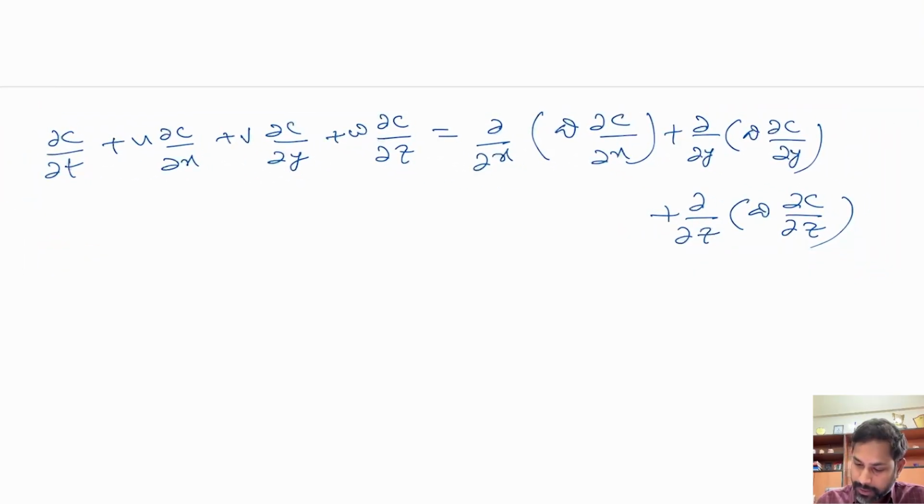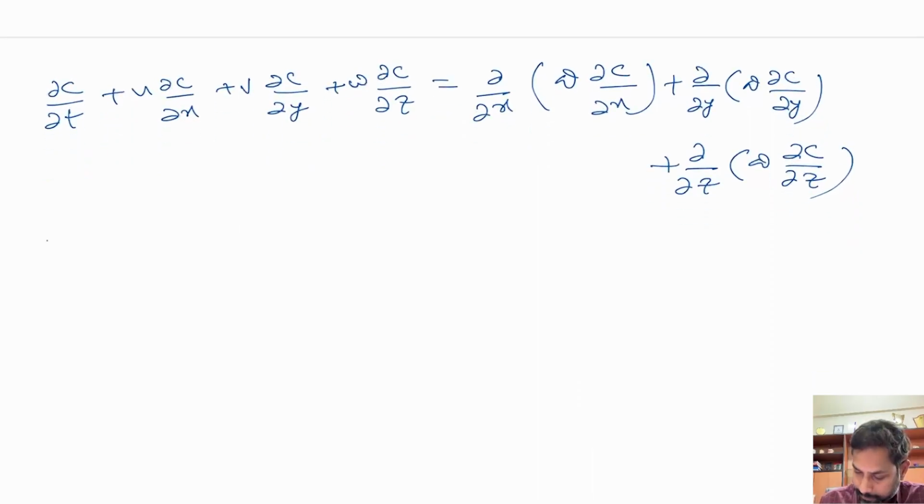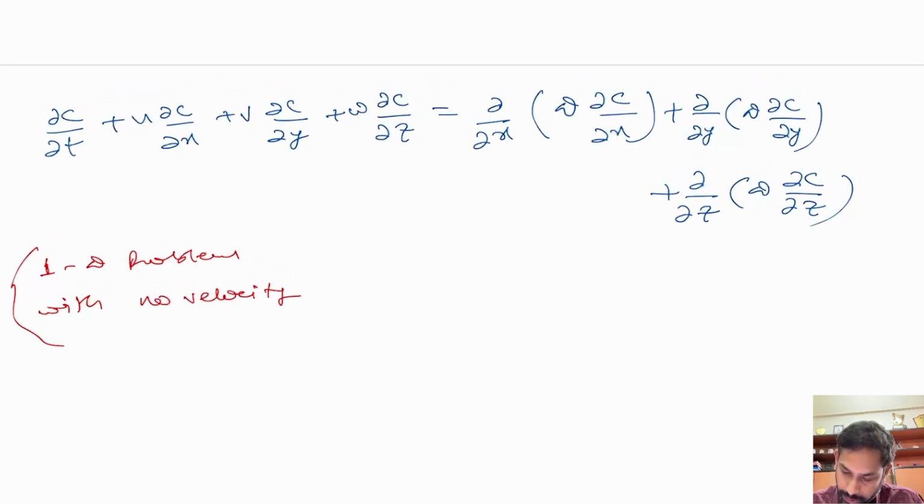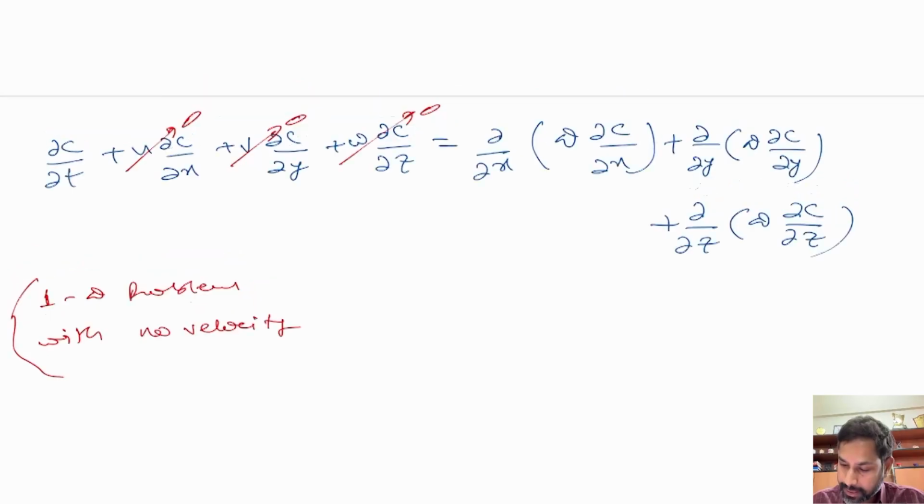Okay, and remember that we are considering a 1D problem with no velocity, right? And that is why all the terms with velocity will go to 0, this goes 0, this goes 0, this goes 0. And this is a 1D problem. We are assuming it's only happening in the x direction.